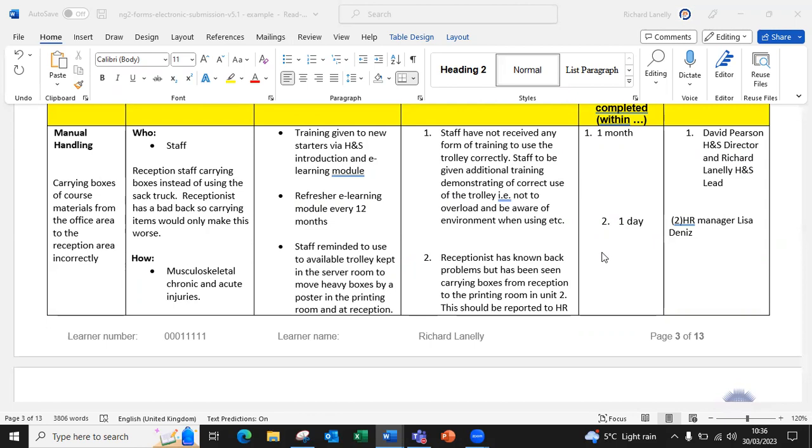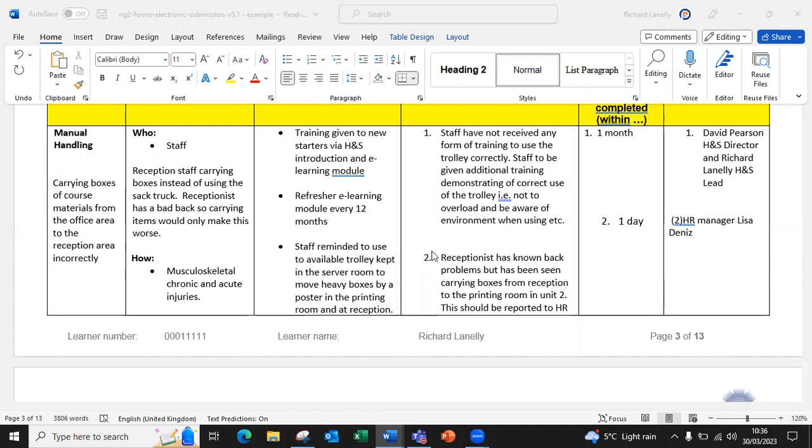That's not what NEBOSH are looking for, because you're not promising to do that as an action plan. What you're doing is setting a process up. So the process would be key people will be instructed to monitor people carrying things around the office. And how long will that take to set up? A week. And that is it.